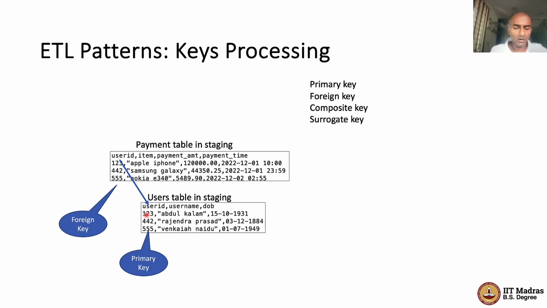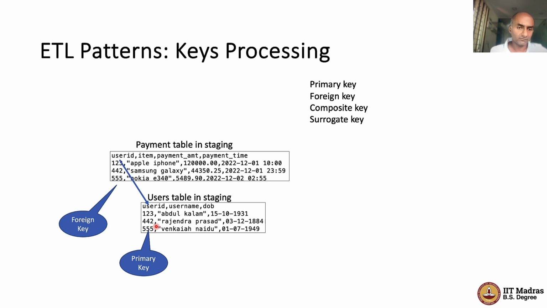Now, if you've modeled this table with user ID as the primary key, you know for a fact that it cannot be reused again, because the deletion would not have removed the user ID. It would have just marked the user ID as deactivated or disabled. But because of the primary key constraint, you could not reallocate this specific user ID to somebody else and then add a row here. The table or the database itself would throw a constraint violation.